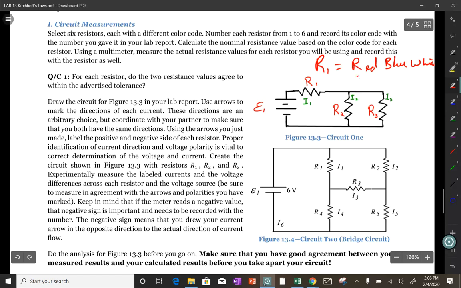So that would be 26 times 10 to the 9 ohms is the numbers I chose to get red, white, and blue.